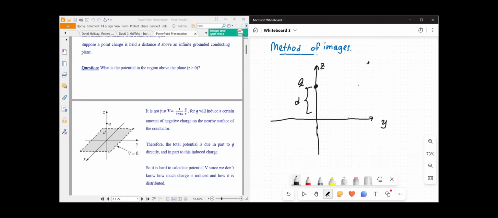Then we need to calculate the potential at a point P. Let's say the coordinates here are x, y, and z.